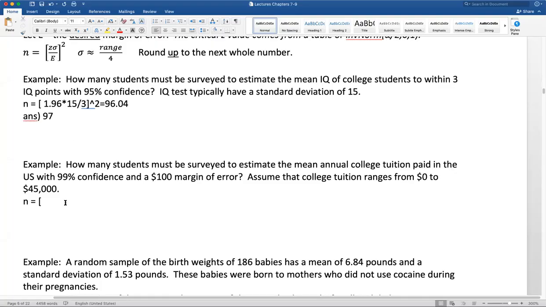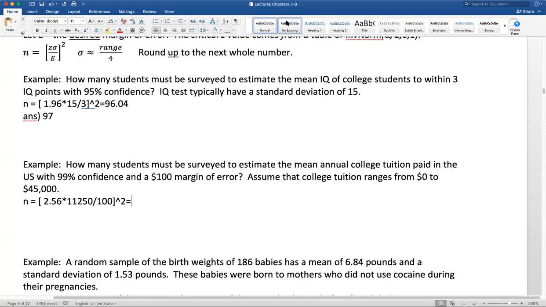So this is 2.56 times sigma, which is 45,000 divided by 4, that's 11,250, divided by the margin of error, which is $100, all squared.